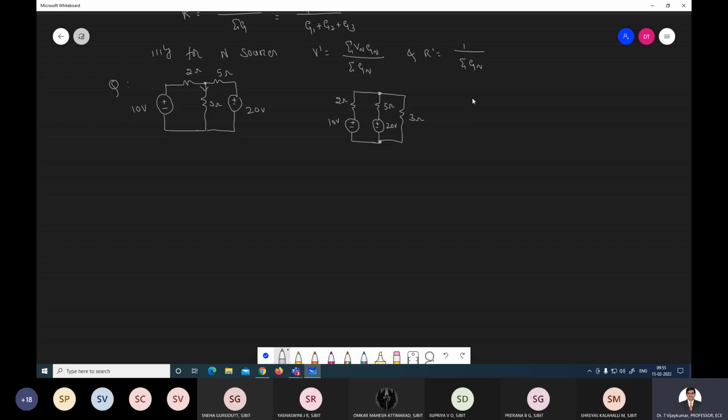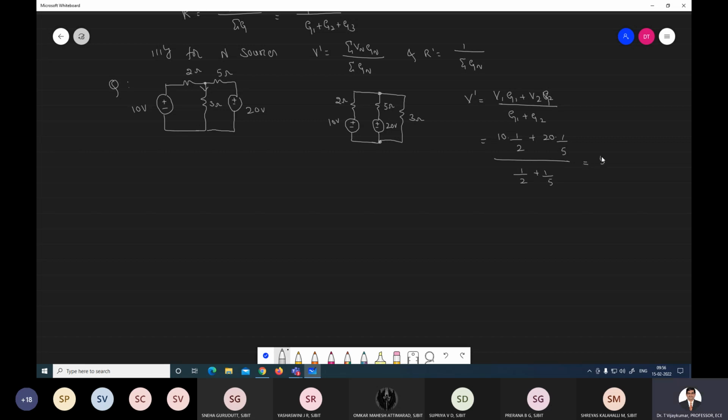So what is V dash? What is the formula? V dash is (V1 G1 + V2 G2) divided by (G1 + G2). V1 is 10, G1 is 1 by 2, plus 20 into G2, which is 1 by 5, divided by G1, 1 by 2, plus 1 by 5.